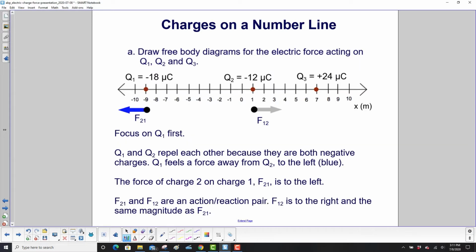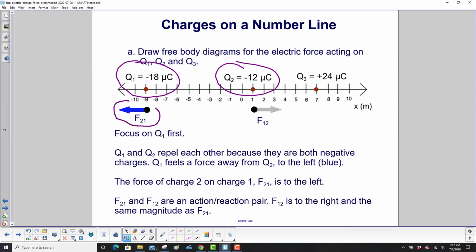Let's focus on Q1 first. It's this charge over here. Q1 and Q2, we're just going to worry about the force between 2 and 1. Q1 and Q2 repel each other. They're both negative, so that's a repelling force between them. So Q1 will want to move to the left because of Q2. And that's this right here.